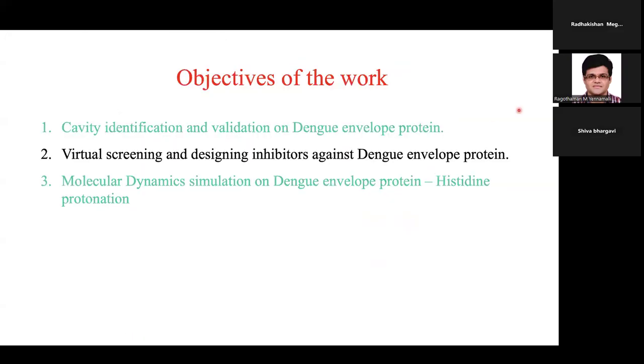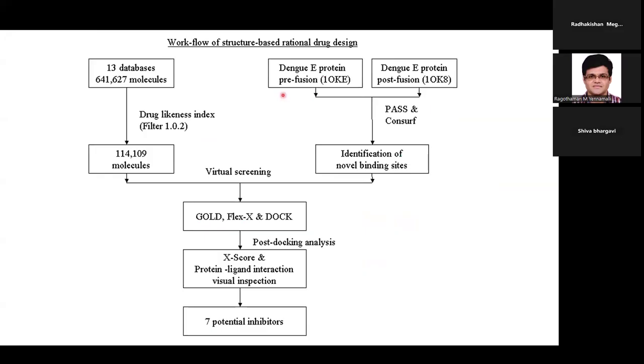So now we went ahead with virtual screening. In this structure-based drug design, because we know the protein structure, we know the structure of the molecules that we want to dock. So this is structure-based rational drug design. Up to this part we had covered, and once we took the 1OKE pre-fusion form, there were these many molecules that we took from multiple sources.